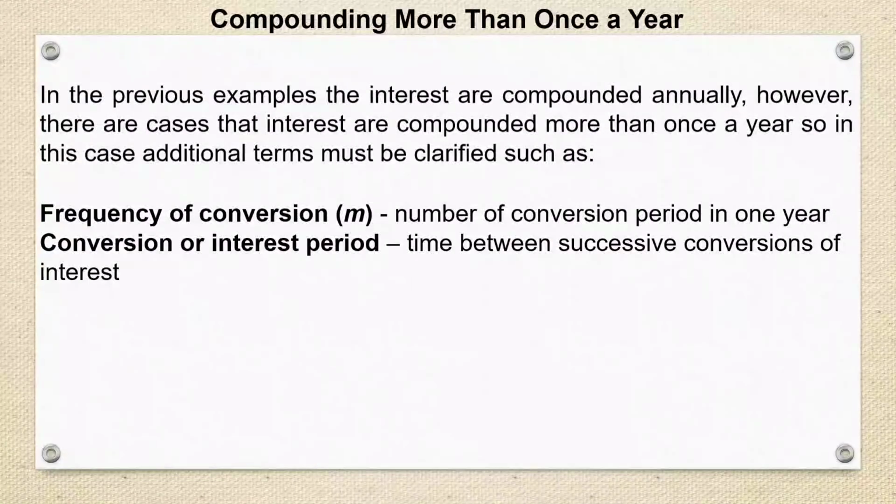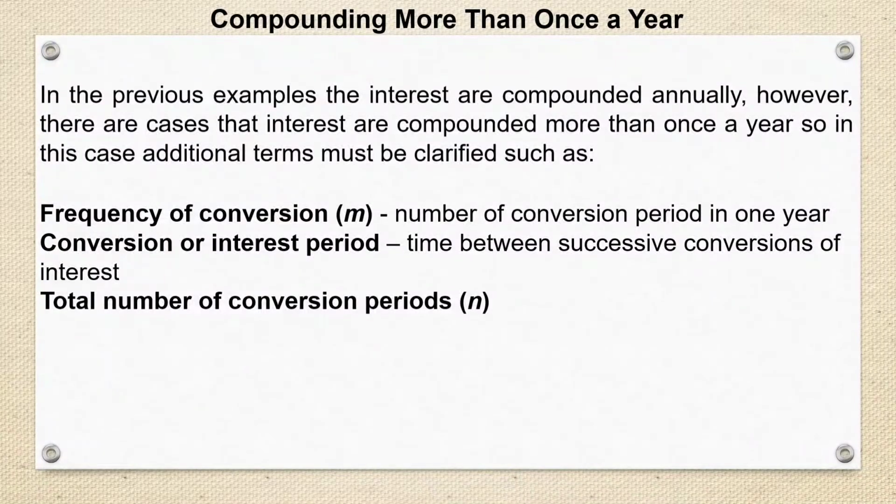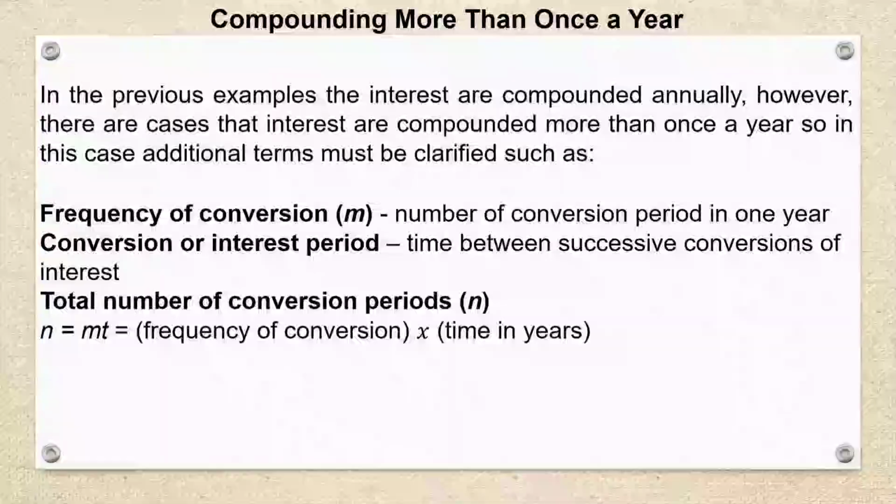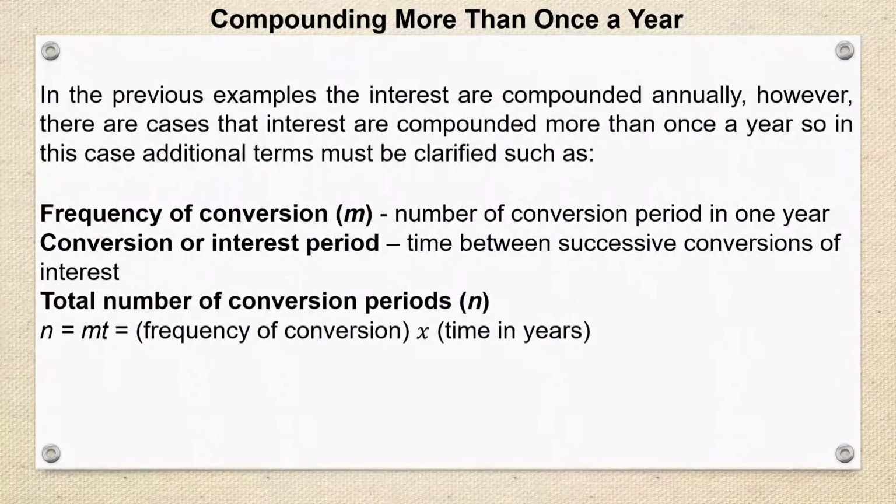Next, we have the conversion or interest period. It is the time between successive conversions of interest. And the total number of conversion periods, which is n. So n is equal to m times t, the frequency of conversion times the time in years.